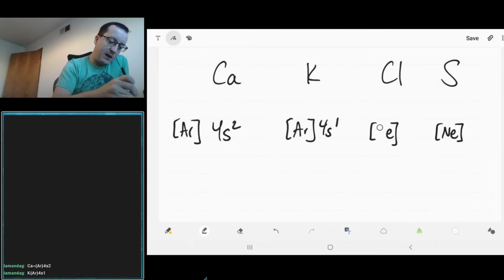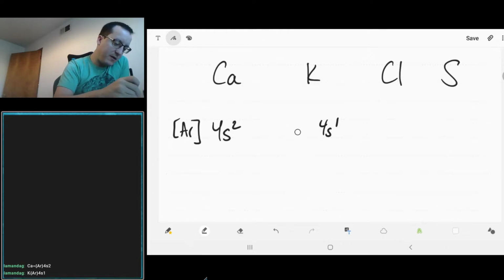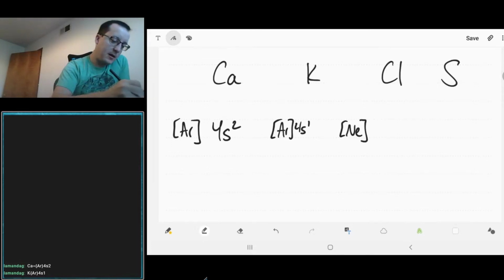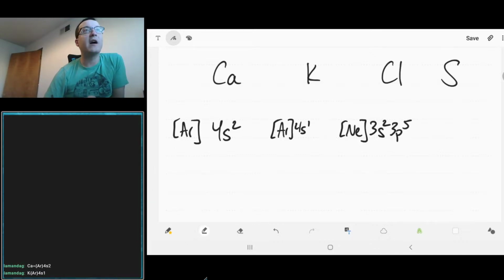I'm going to just move my neons over. I'm going to move this one over too, just because these guys are going to need a little bit more space. Right, chlorine's going to be 3s2, 3p5, right?